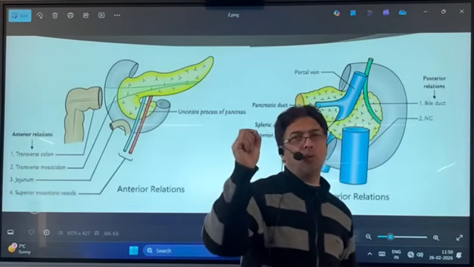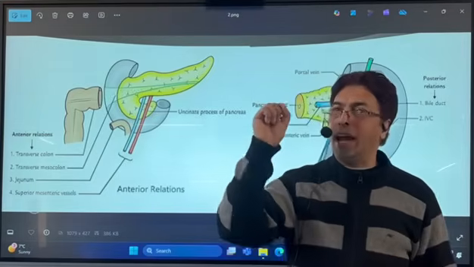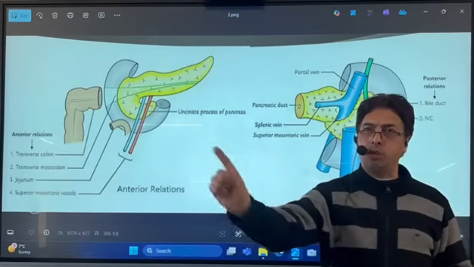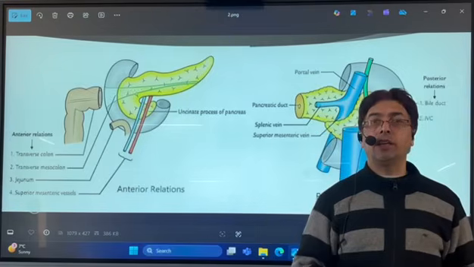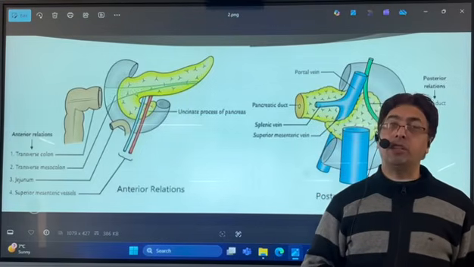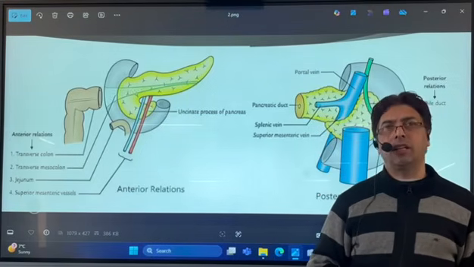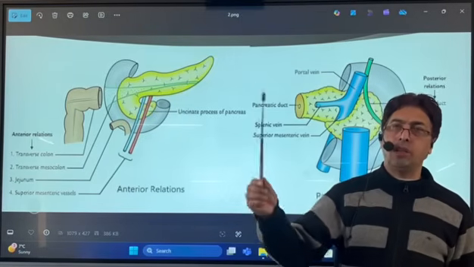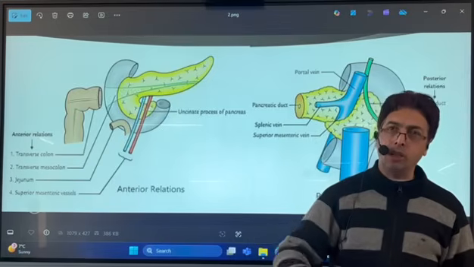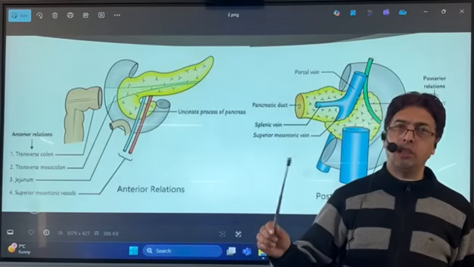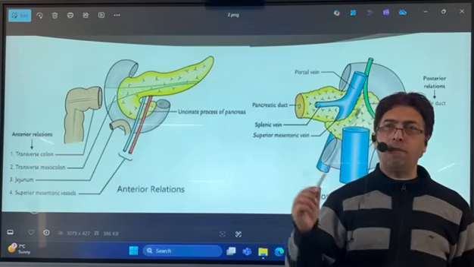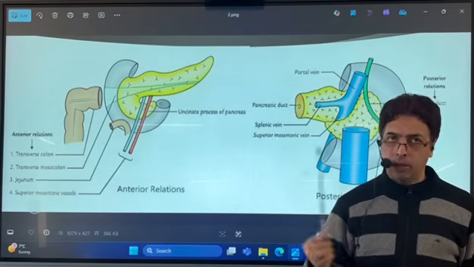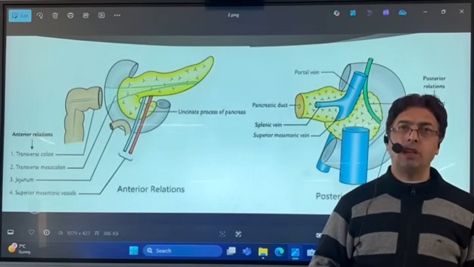And what is annular pancreas? Annular pancreas is where the pancreatic tissue, especially at the head end of the pancreas, comes and winds around the duodenum, and it sometimes can obstruct the duodenum. It is a congenital, embryological condition in which pancreatic tissue comes in circles around the C of the duodenum, and the neonate presents with vomiting.